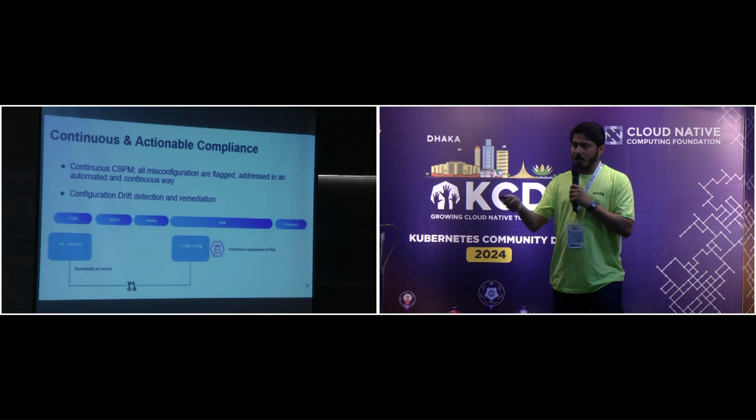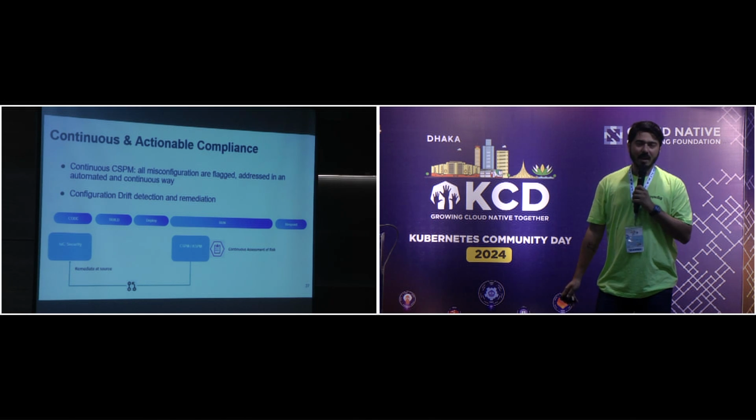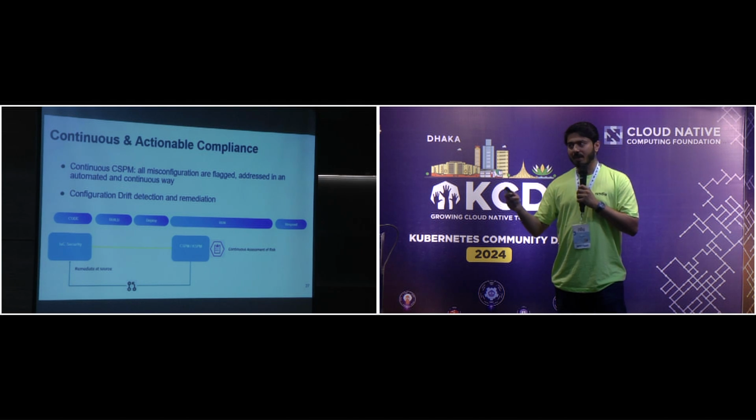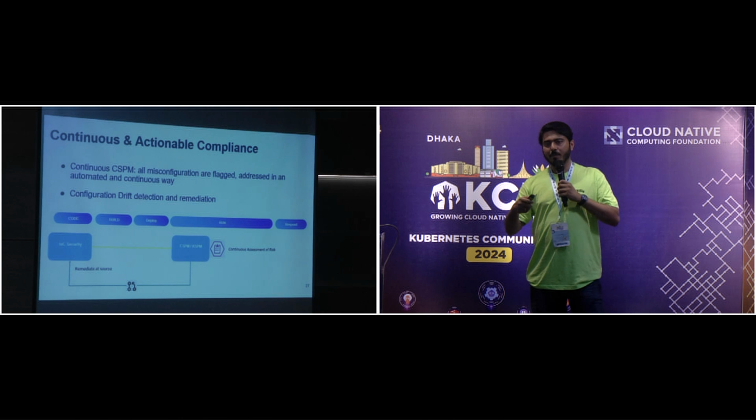You also have to consider IaC security, which is Infrastructure as Code. So you integrate your GitHub, GitLab, Bitbucket repositories with the security tool. Whenever somebody does a merge request, the tool evaluates it against a lot of benchmarks or security policies.